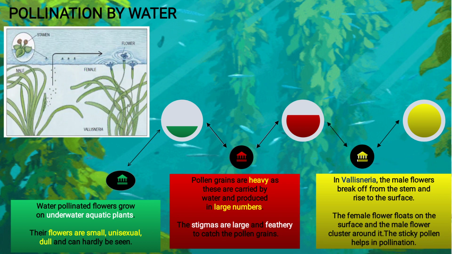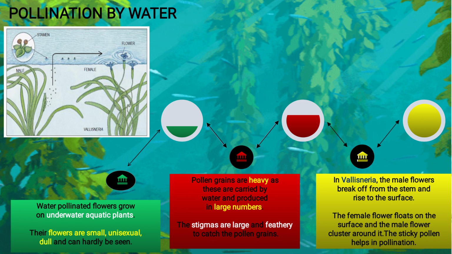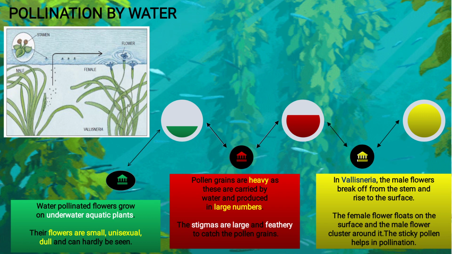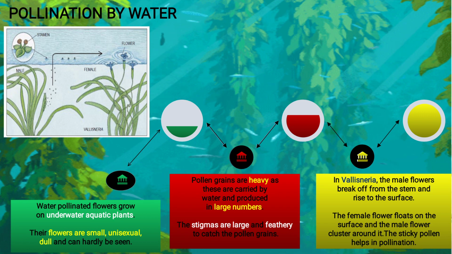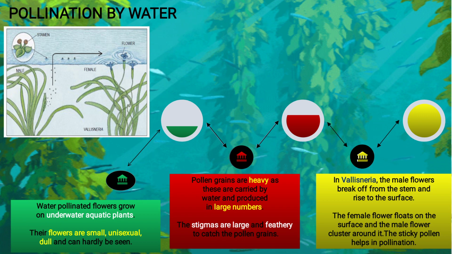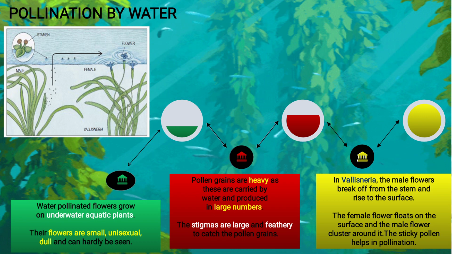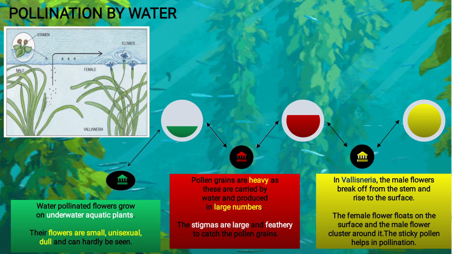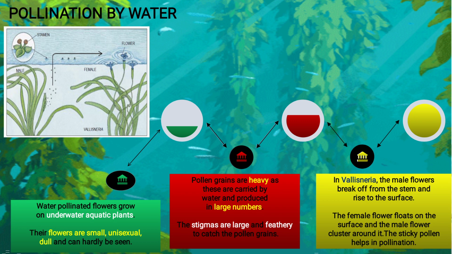In Vallisneria, one of the aquatic plants, the male flower breaks off from the stem and rises to the surface. Now you see two plants, two Vallisneria. One is bearing the male flower and another is bearing the female flower. That is unisexual, means two different plants are there. Now you see the male will get detached from the body, break off from the stem, and will float on the water.